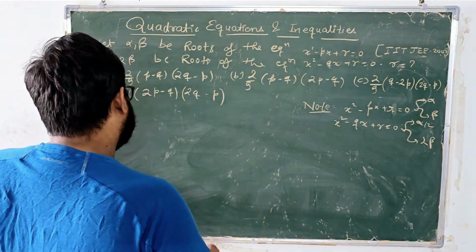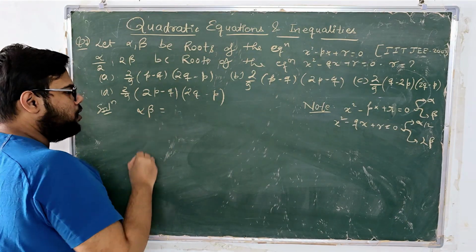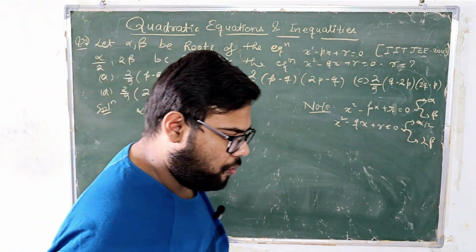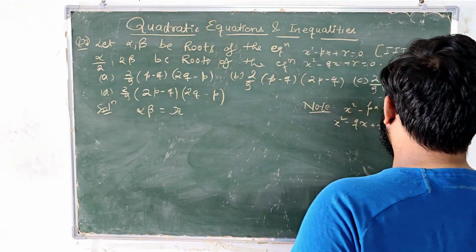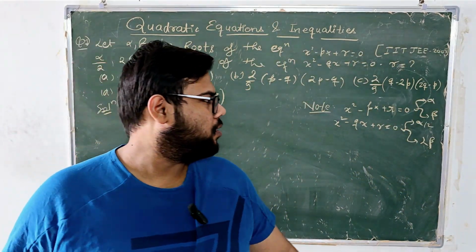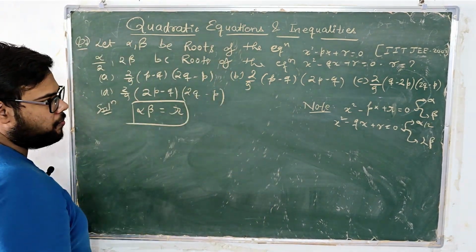So clearly from the formula, alpha beta is equal to r. This is a basic property that the product of roots is equal to the constant term. Alpha beta is equal to r.